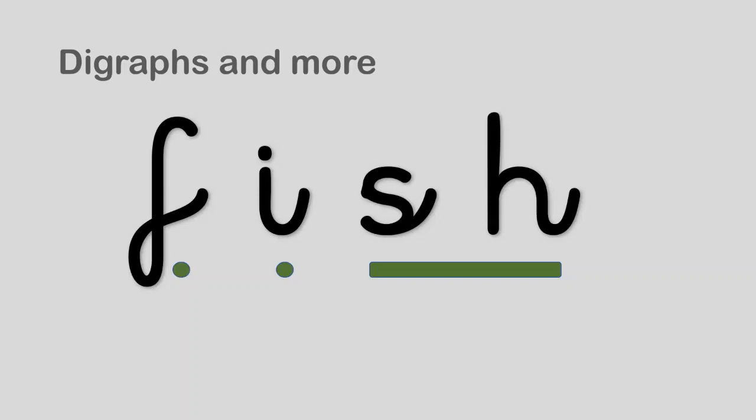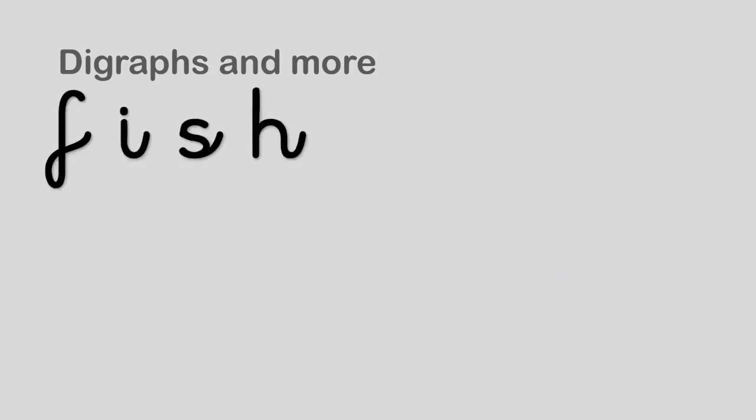You can't see a sound. But it's really important: in fish, there is no s, there is no h. They are sounds that are not in the word fish. This is a new phoneme. It's being represented by letters that we've come across before, but being used in a novel way to represent the sound sh.